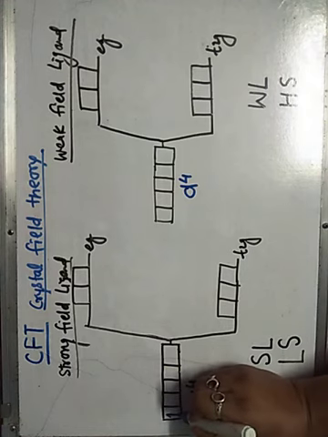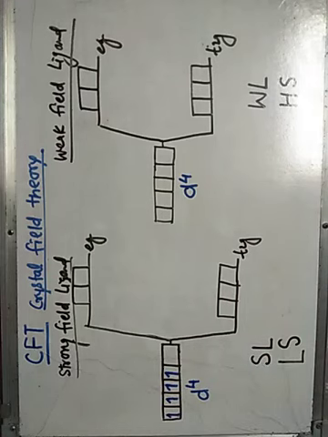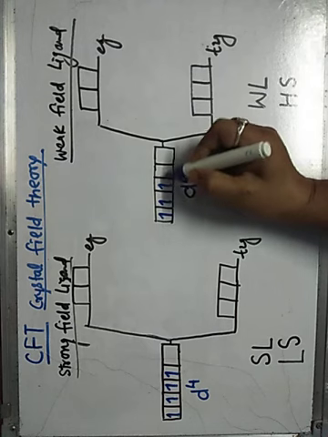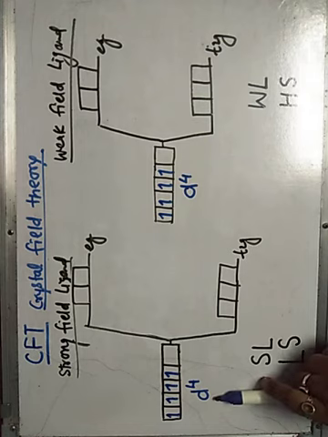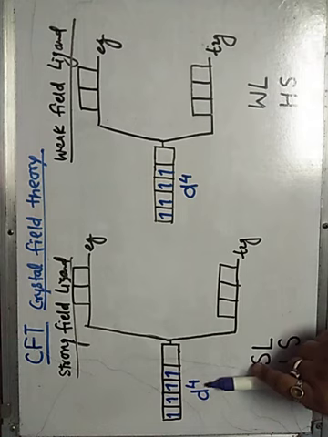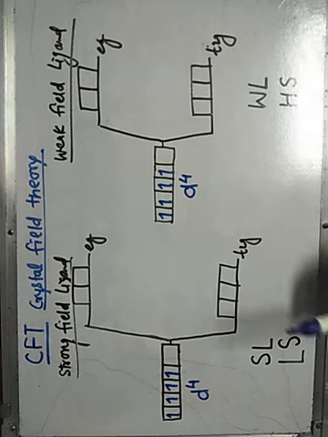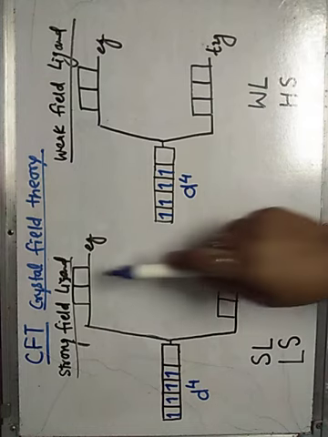Like this: 1, 2, 3 and 4. Clear? If the d orbitals consist of 4 electrons, and the complex has strong field ligands, then how do the electrons actually go inside these orbitals?